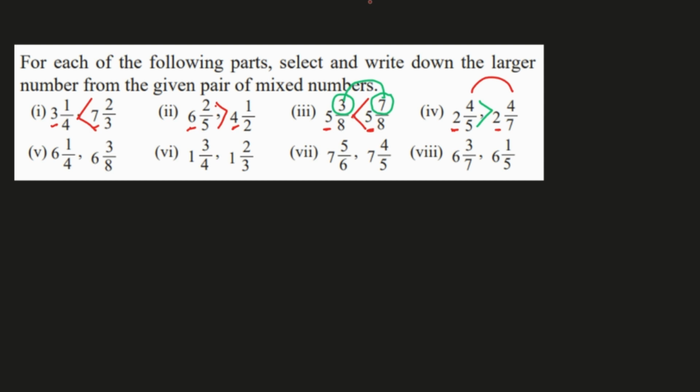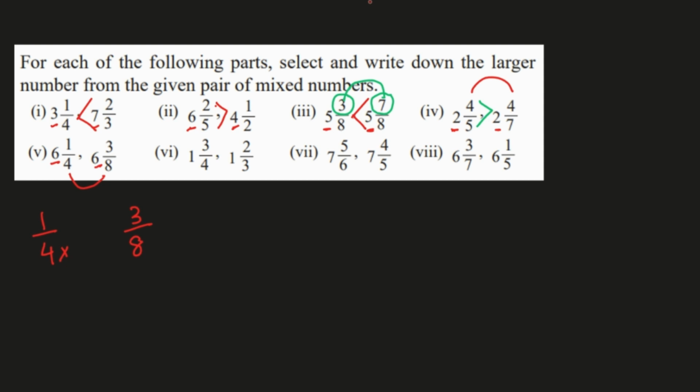Right. Okay, let's go to the fifth question. 6 and 1 upon 4, 6 and 3 upon 8. Here the whole number part is equal. So we are comparing the proper fractions. The proper fractions are 1 upon 4 and 3 upon 8. What happens here? You can easily convert 4 into 8, because in order to compare two fractions, you need to make their denominators equal.